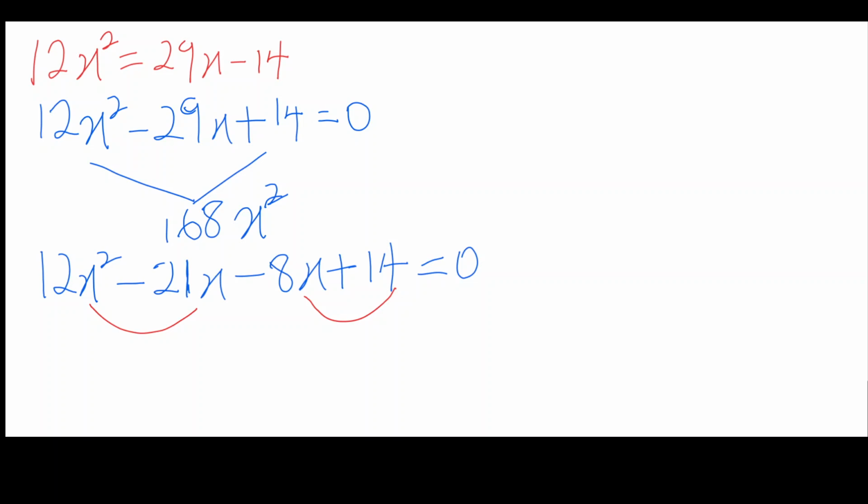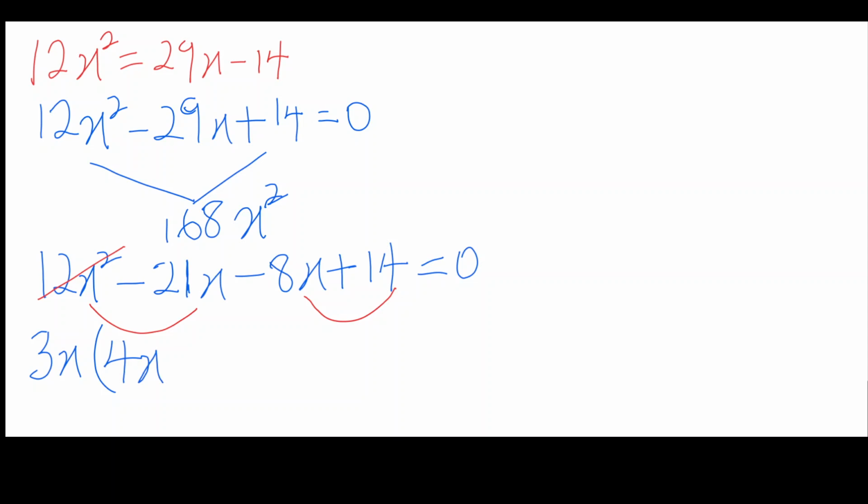So I have 3x common here. I have 3x, and I open the bracket. Dividing 12x squared by 3x: 3 in 12 is 4, and x in x squared is x, so I have 4x.